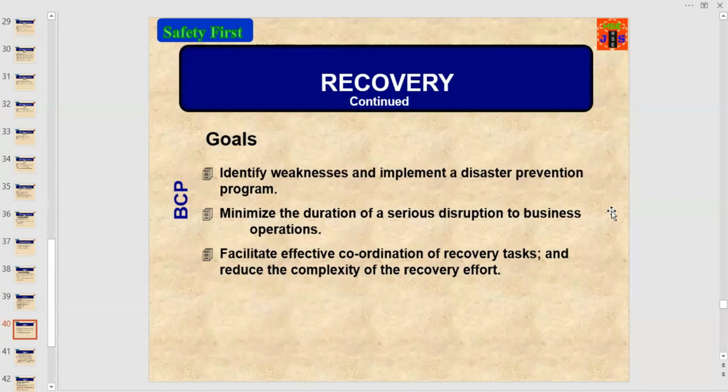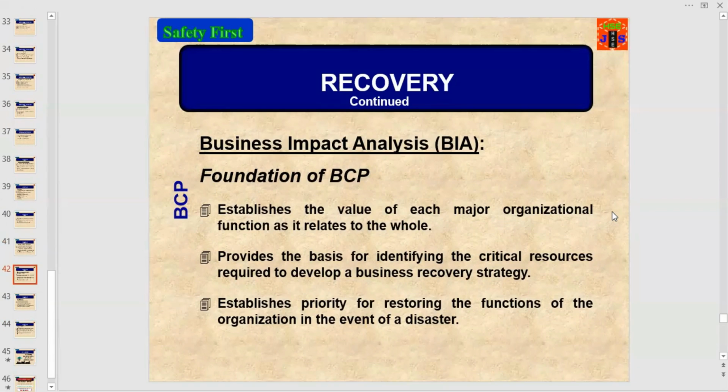The goals of the business continuity programs are to identify weaknesses and implement a disaster prevention program, to minimize the duration of a serious disruption of business operations, and to facilitate effective coordination of recovery tasks and reduce the complexity of the recovery effort. Dear friends and fellows, business impact analysis is the foundation of the business continuity program.